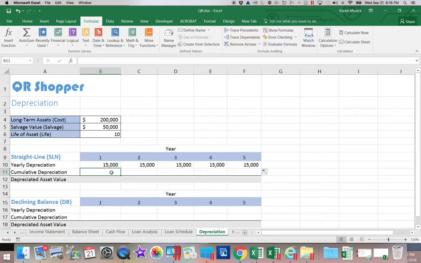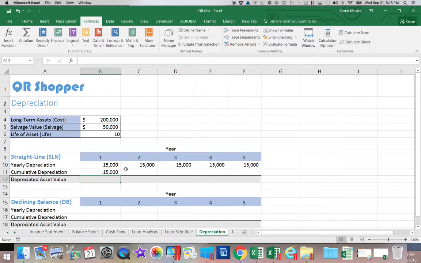If we sell it, then it's going to impact the entries that we need to make. And we also need to make sure that we don't take more depreciation than we should. So what we're going to do is say it's equal to this year's depreciation.